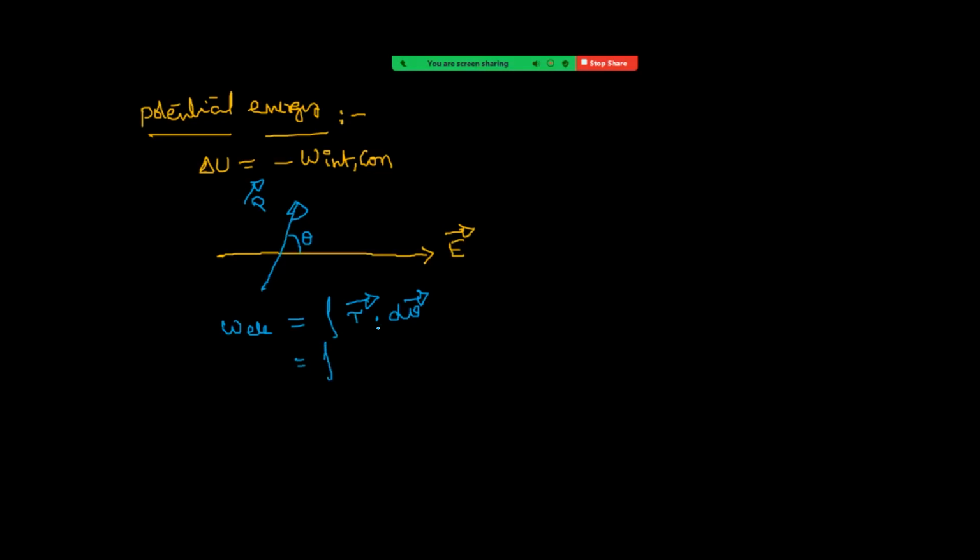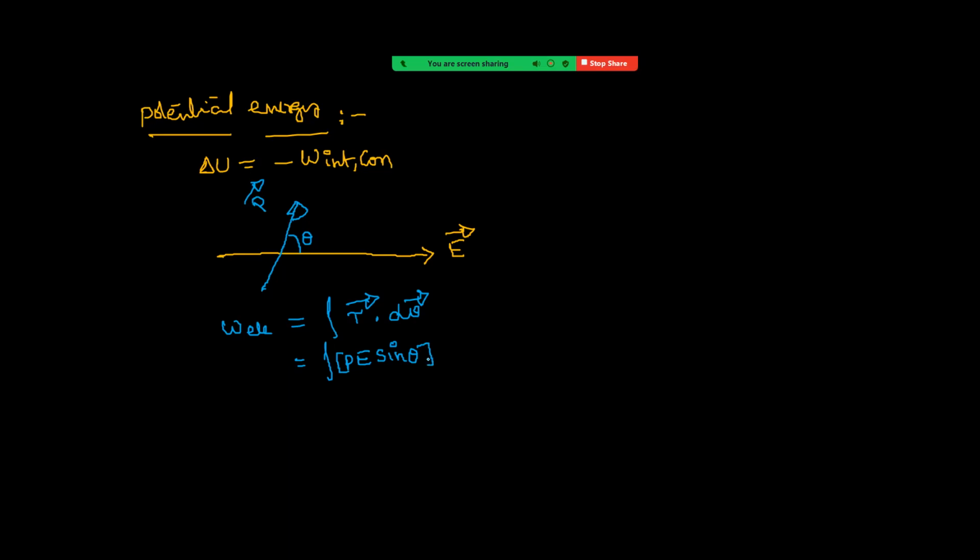Tau bar dot d theta bar means tau into d theta into cos of the angle between those two vectors. What is our torque here? When the angle is theta, the torque is PE sin theta.